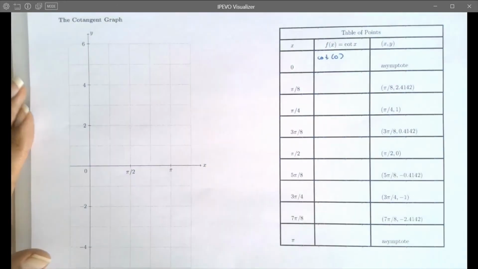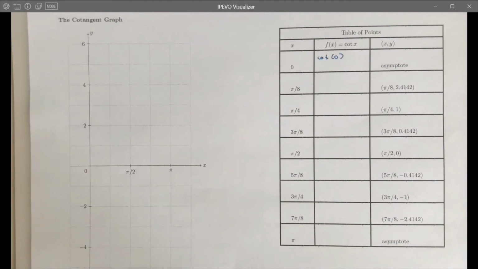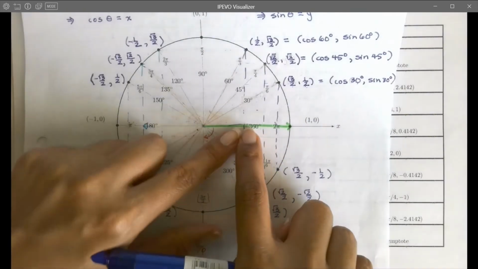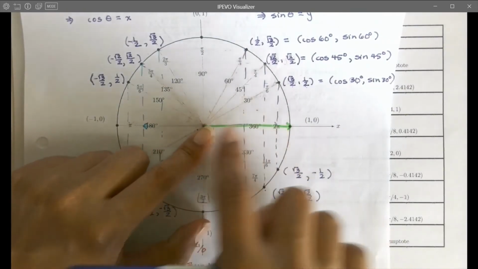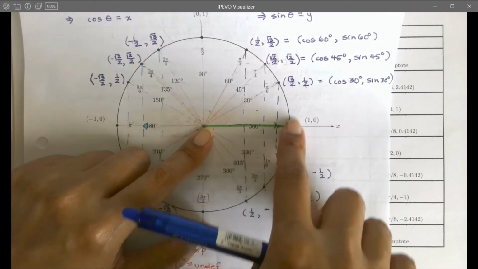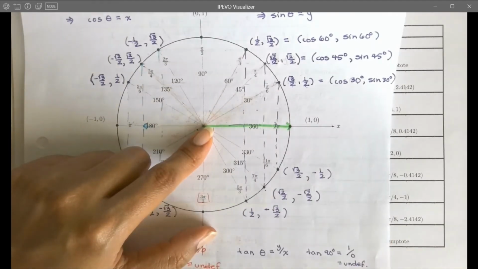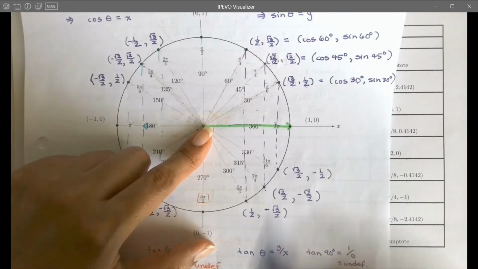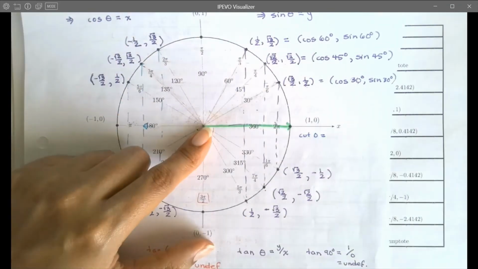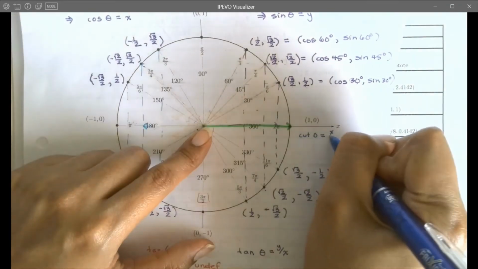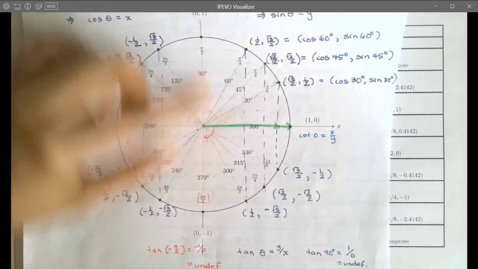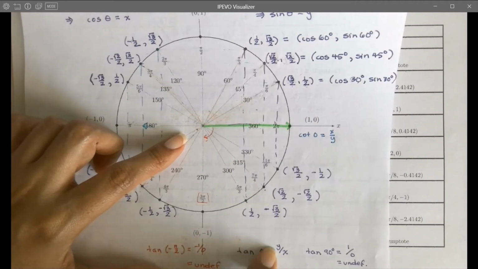Okay, so for cotangent of 0, since 0 is an angle on the unit circle, I can take a look at what happens at that point. Okay, so this is a 0 angle. Its terminal side did not open, so it stayed where the initial side is at. In that case, we're going to get that cotangent of 0 radians is going to be x over y, because remember, cotangent is the reciprocal of tan, and tan is defined to be y over x.